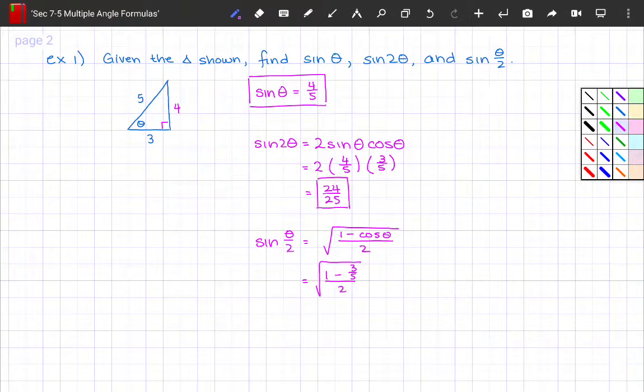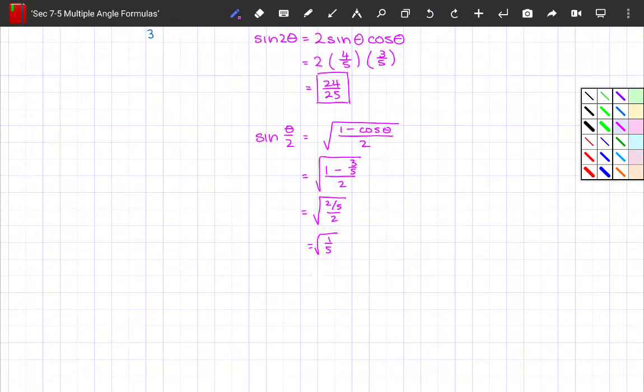It's all in a square root. 1 minus 3/5 is 2/5. Half of 2/5 is 1/5. But we have to rationalize our denominator. Oops. Well, here, let me make it more clear, because this is the square root of 1 over the square root of 5.